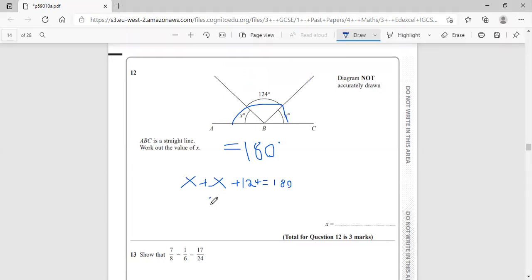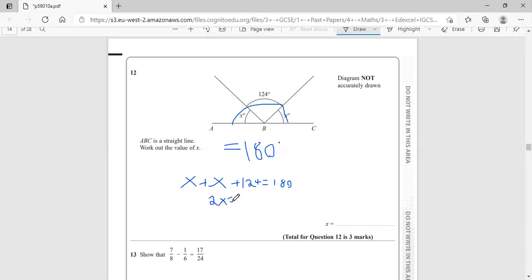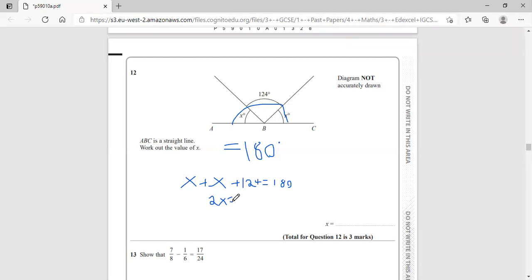So we'll have 2x equals 180 minus 124, which will give us 56. Then we divide both sides by 2, and that will give us 28, and it is degrees, because it's an angle. So the answer is x is 28.